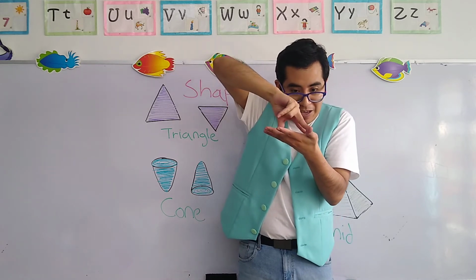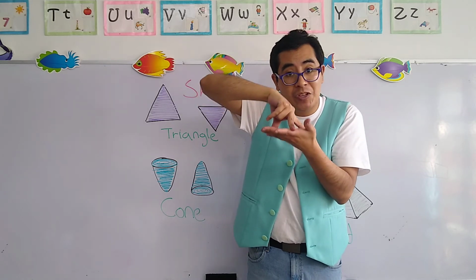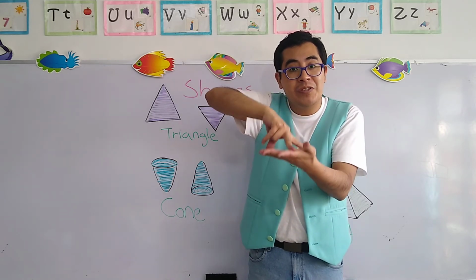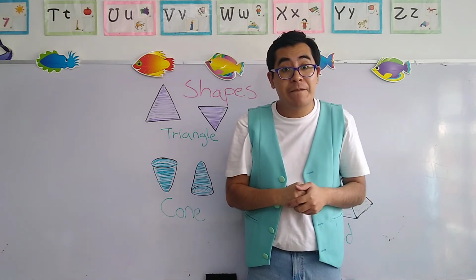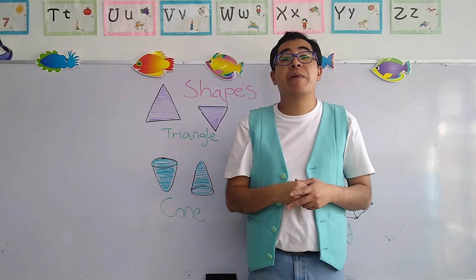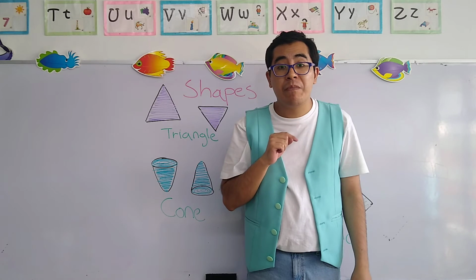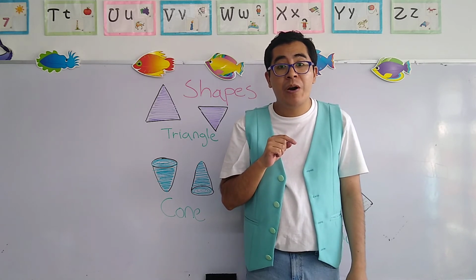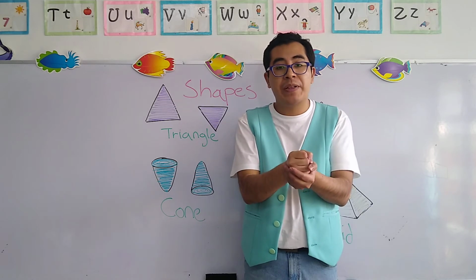Le damos vuelta y seguimos viendo la misma forma de un cono. That is three-dimensionality. Eso es tridimensionalidad. Talking about objects. Excellent, very good. So, talking about, once again, about the cone of an ice cream is the most common. Whenever you are eating an ice cream, you put it in a cone so you can grab it.